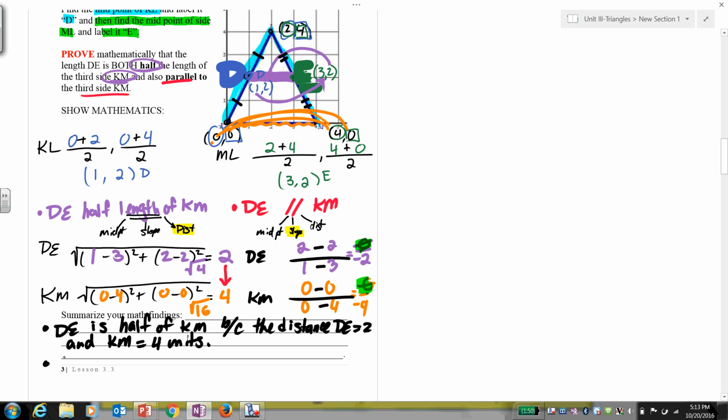Then we know DE is parallel to KM because both slopes are equal. They're both 0, which means you must have parallel lines. So you have proven mathematically on the coordinate plane that this segment, the mid-segment, is both half and parallel to the third side.